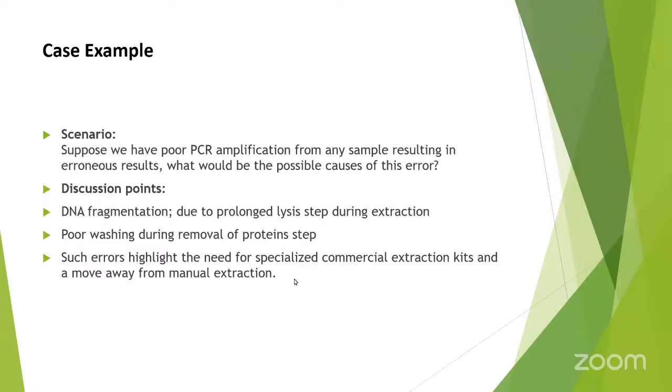We have a case example or scenario where we have poor PCR amplification from a sample resulting in erroneous results. What would be the possible cause of this error? Ask yourself the question. The discussion is DNA fragmentation due to a prolonged lysis step during extraction.